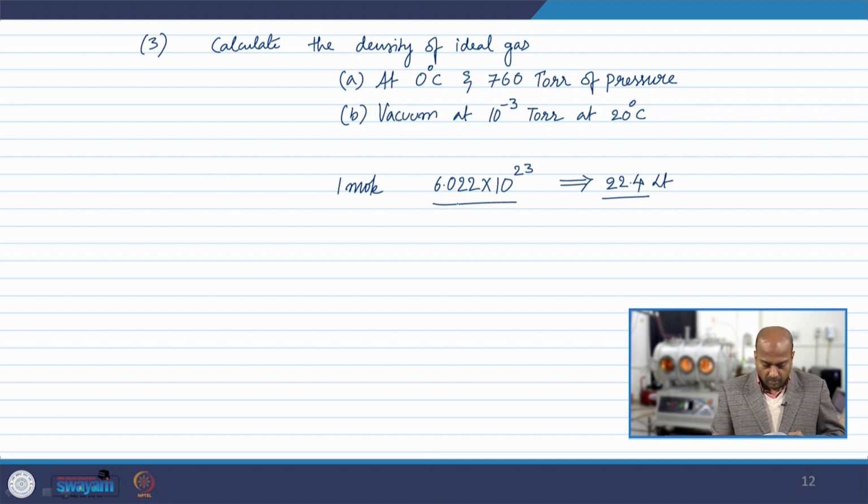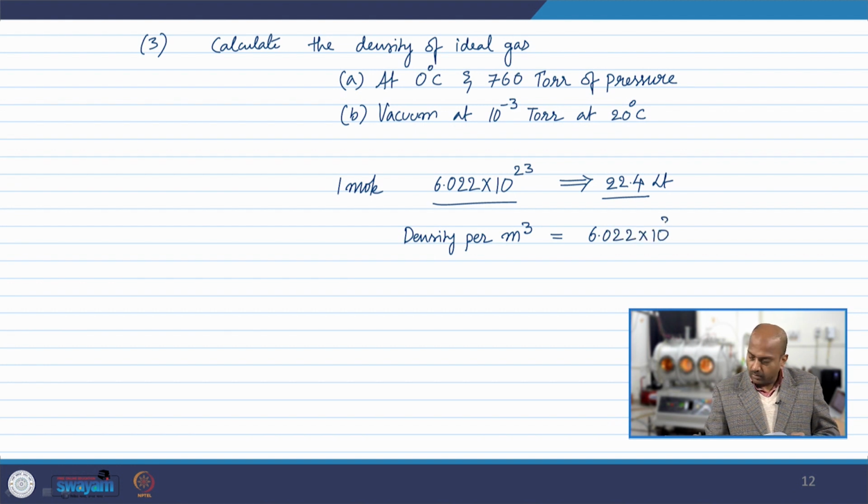So, that can be found: density, or number of atoms or molecules per unit volume, let us say per meter cube, is equal to 6.022 times 10 to the power of 23 divided by 2.24 times 10 to the power of minus 2, after converting liters to meter cube, which is 2.66 times 10 to the power of 25 per meter cube.